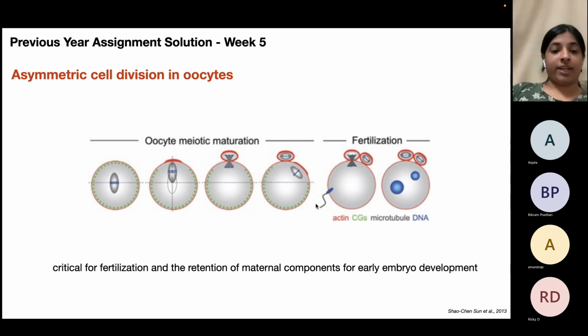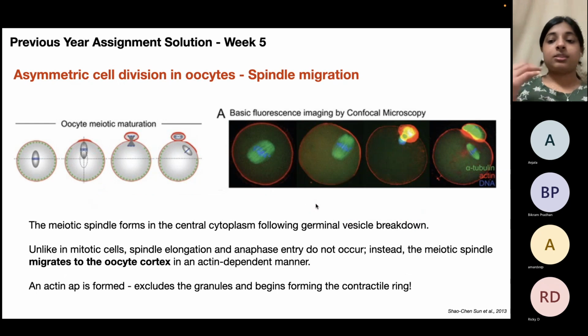So what happens is actually very interesting. There is a spindle migration that happens. In both the representation and the fluorescence staining, we can see very clearly that first the meiotic spindle is forming correctly at the cell equator, in the center of the cytoplasm. But later, there is a movement of this spindle to one pole.